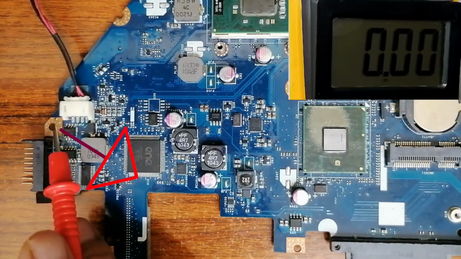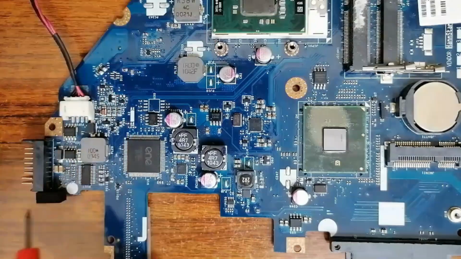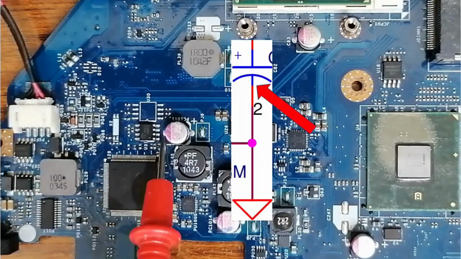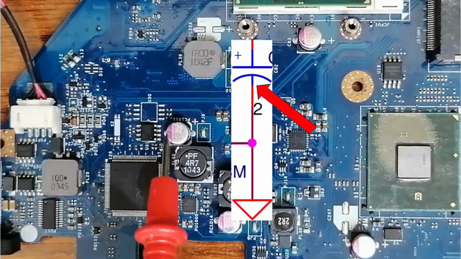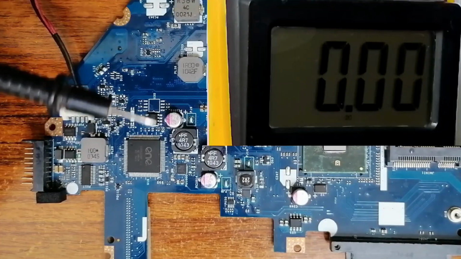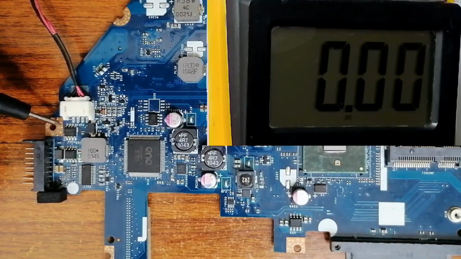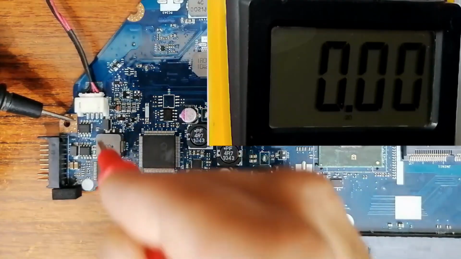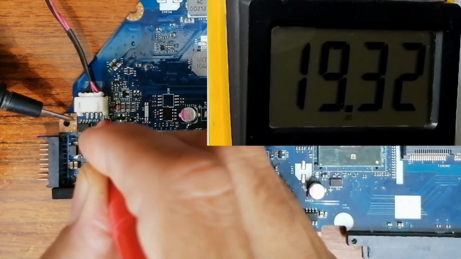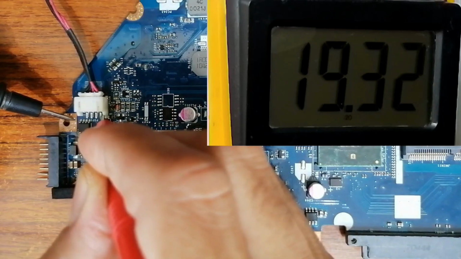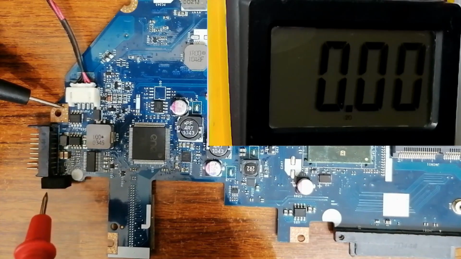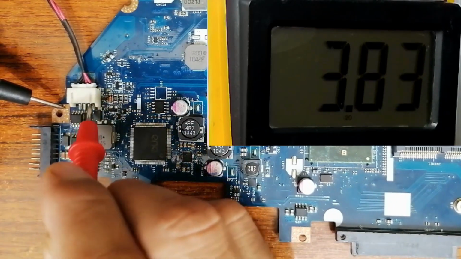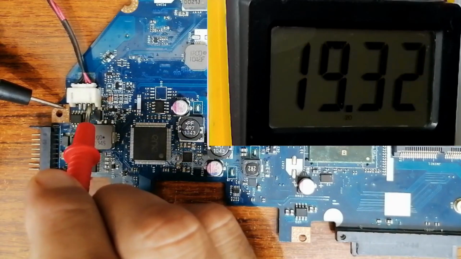Here we have the ground, here also we have ground, and also we can use the negative terminal of the electrolytic capacitor. So the black probe in the ground, here for example, and let's check 19 volt in the first pin. We have 19 volt in the multimeter. Let's check the second pin. We have 19 volt. Means the main voltage is present.